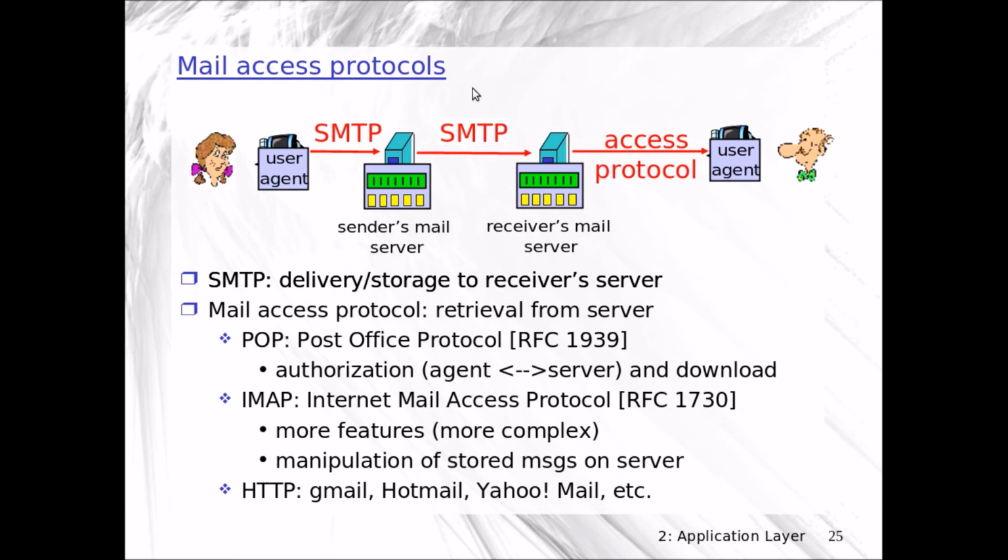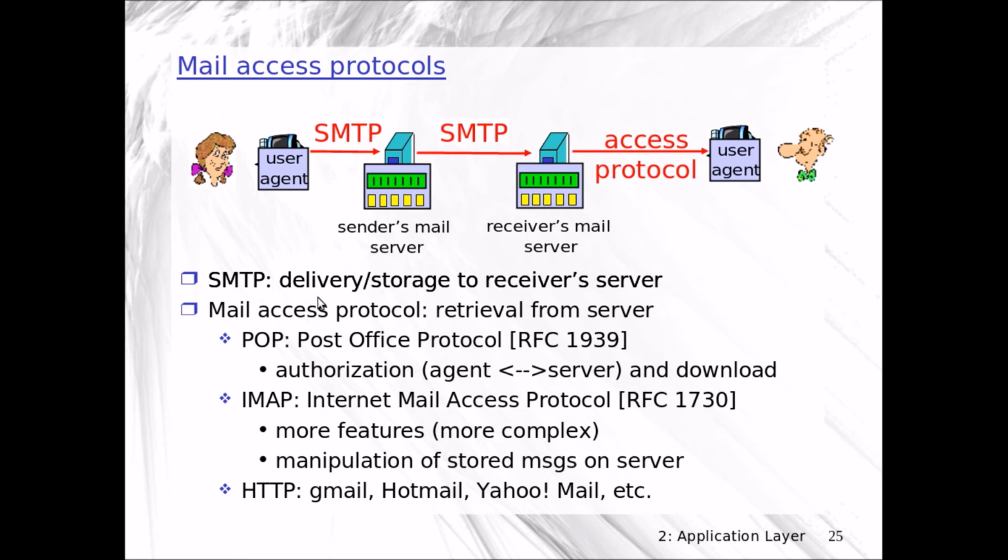Now we will see other protocols that work along with SMTP for secure mail transfer. SMTP is used for delivery or storage to the receiver's server. Here we can see Alice's user agent, and from the sender's mail server to the receiver's mail server, SMTP is used.